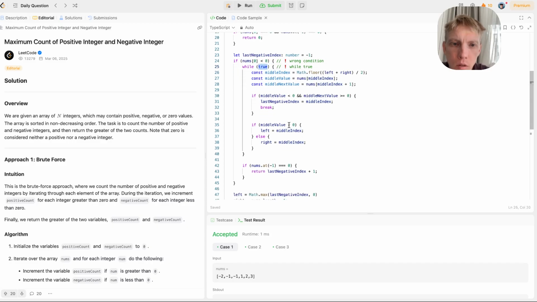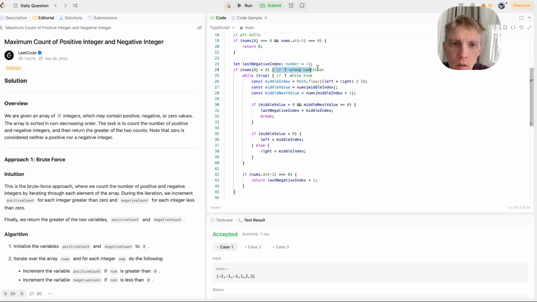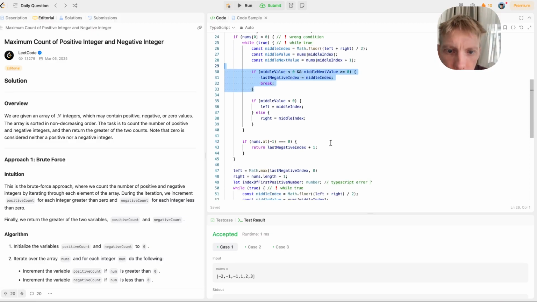While true. Yes, I just forgot about it. Here I had an extra condition, and that was a mistake because it broke the logic. All the other things are okay.